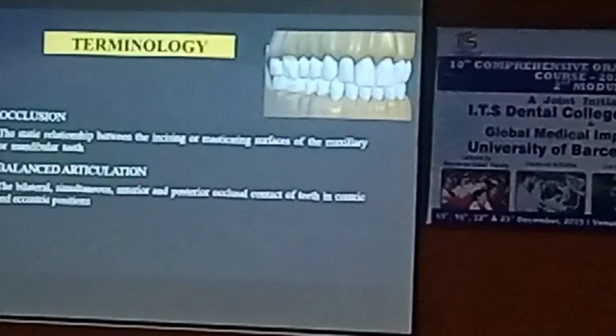And that is where the difference comes between you talk about the occlusion, orthodontist talks about the static occlusion.